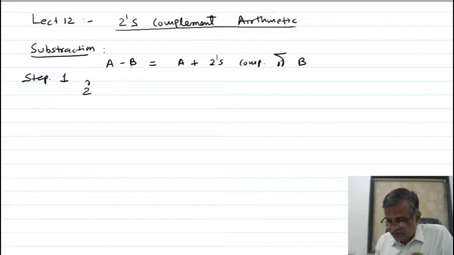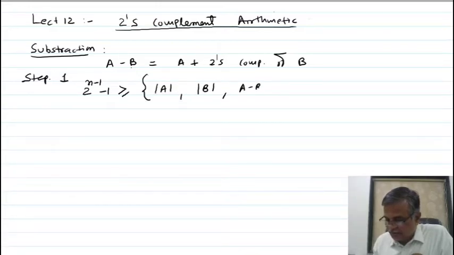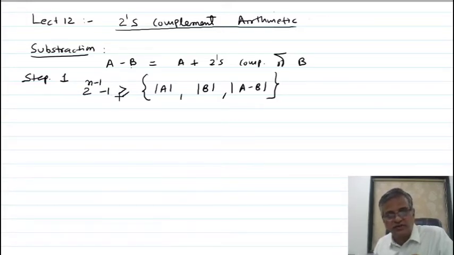First, find the number of bits required to represent the numbers a and b. The number of bits required to represent a and b can be found with the help of the magnitude, using the equation given here. 2 raised to n minus 1, minus 1, should be greater than or equal to the magnitude of a, b, and a minus b.